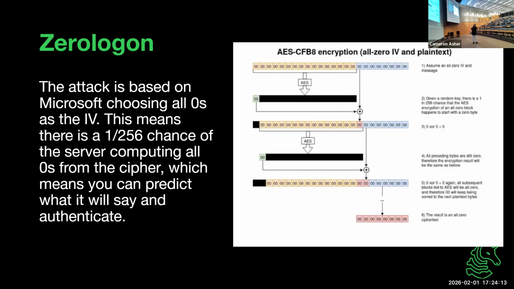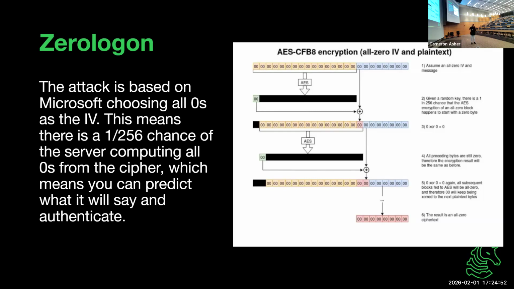If it starts with 0, then it adds a 0 next to the message, and that's how the encryption works. It just takes the first byte of the output and appends it to the IV. So now this IV is the same as this IV. So when it inputs it again to AES, you're also going to get a 0. Then it will append that again to the IV, and it will remove the first byte, and continue doing that. So in the end, all of the outputs are going to be zeros.